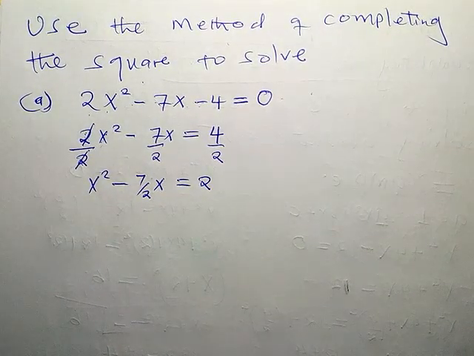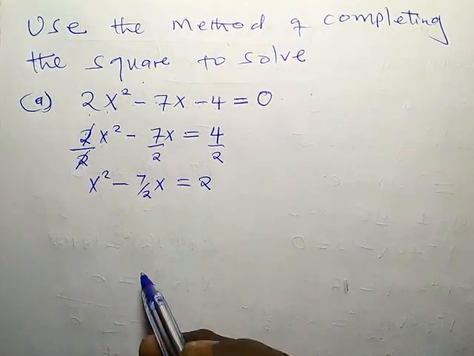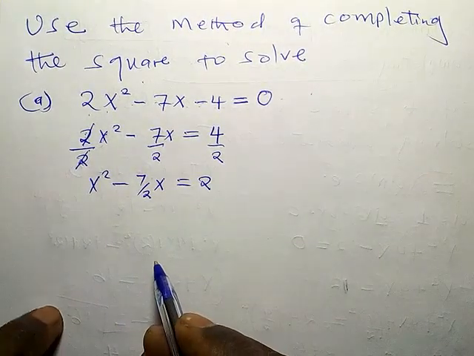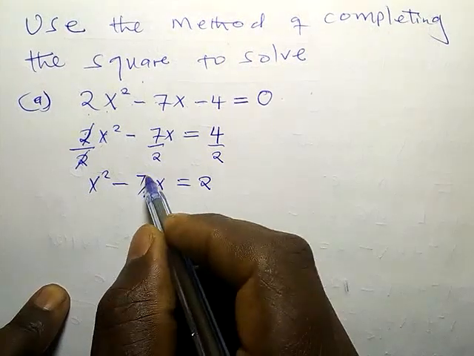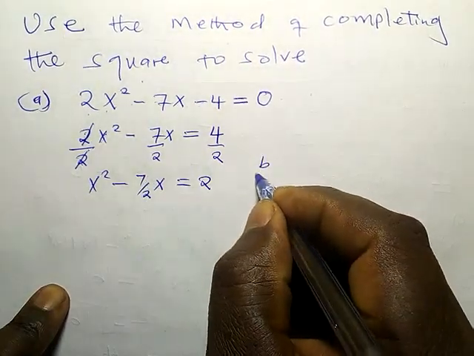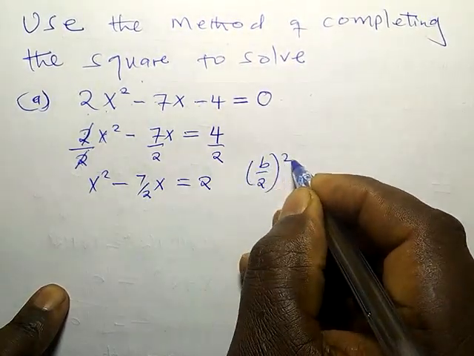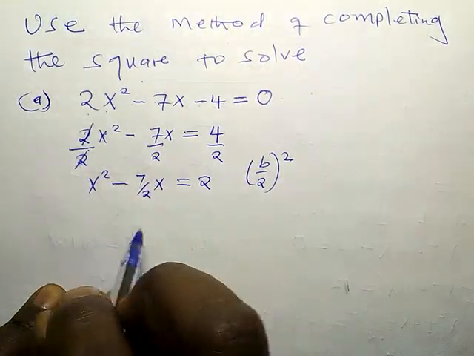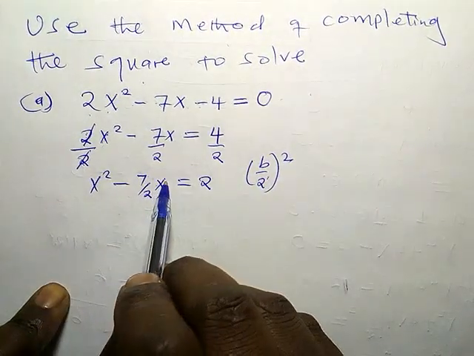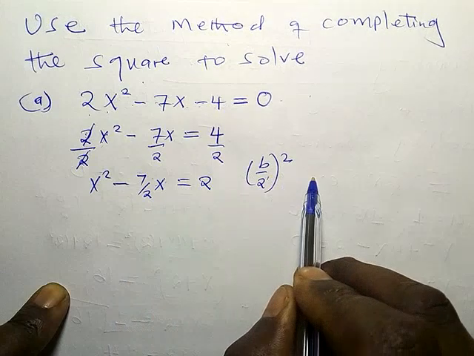Fine. Once we are here, we do what we did on the other side. The next thing now, this is our b. Remember, b divided by 2, squared. You add this on the left side and add it on the right side.